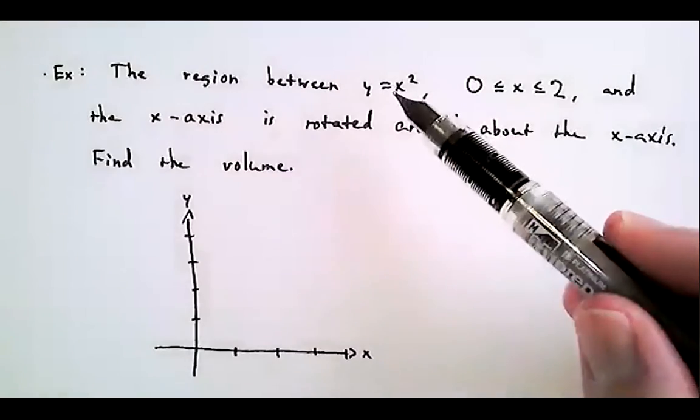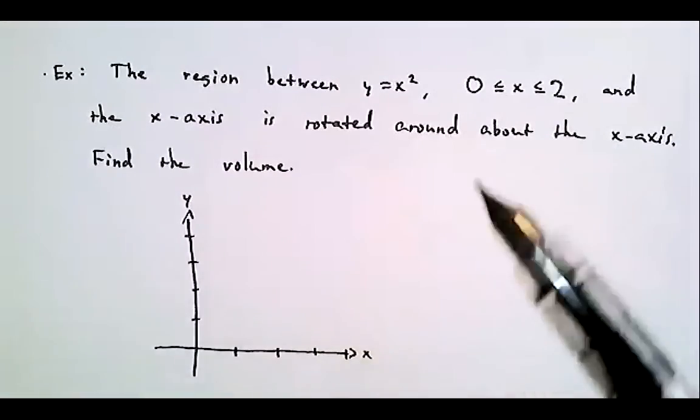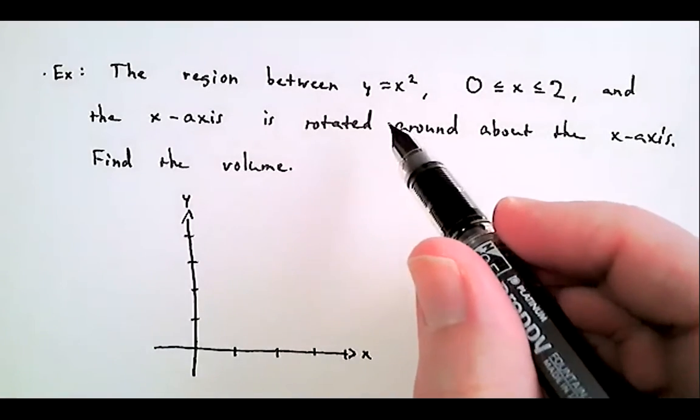Okay, and then just do a quick sketch of this parabola from 0 to 2 on the x-axis. You're probably quite familiar with what this one looks like.